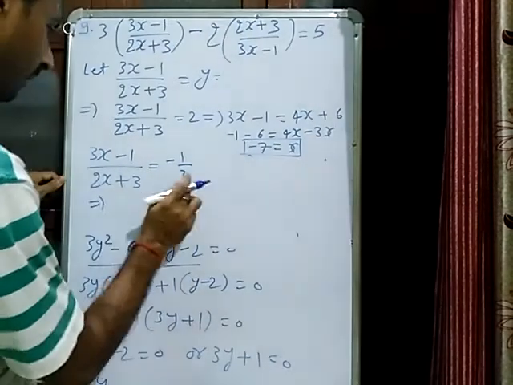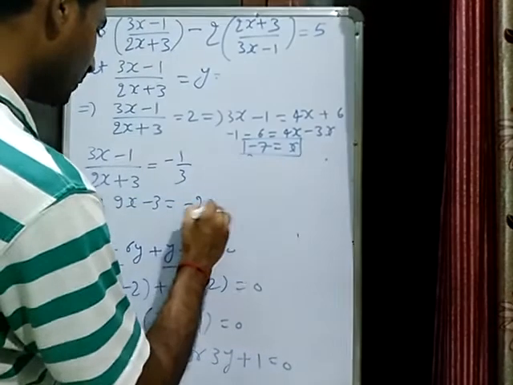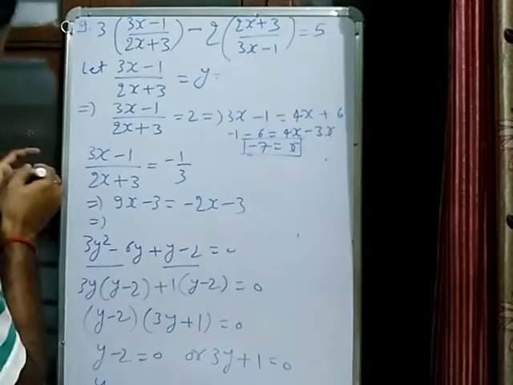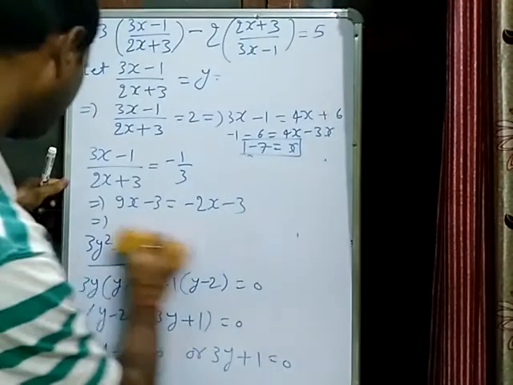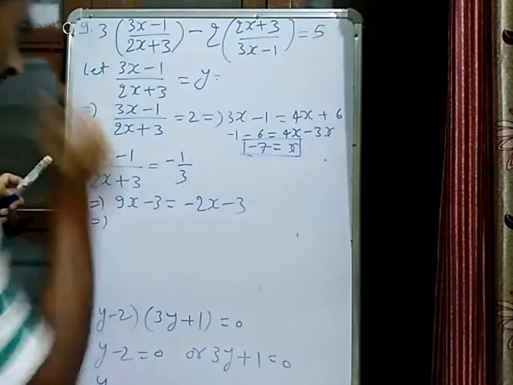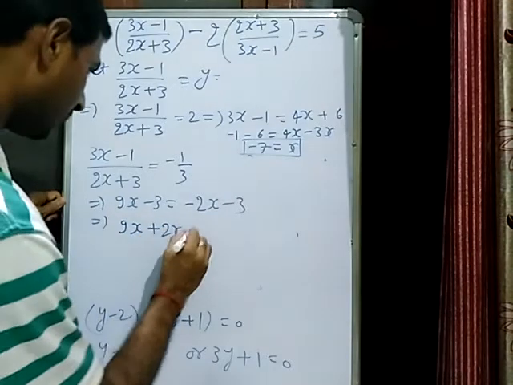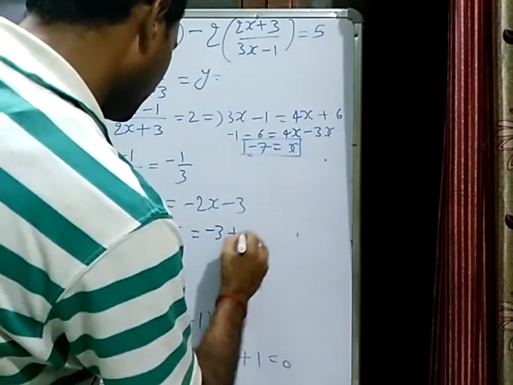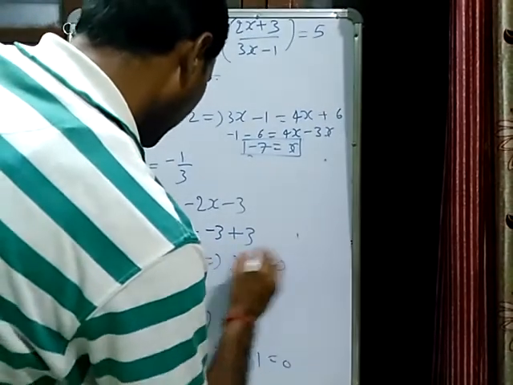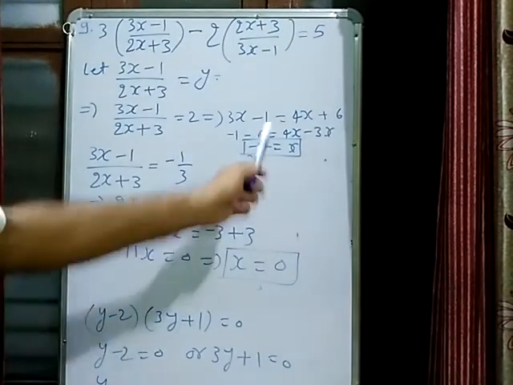Put it and do the cross multiplication again. 3 times 3 is 9x minus 3 is equal to, see, this will be minus, so -2x minus 3, correct? If we transpose 2x here and this will be transposed to the other side, so we'll get 9x plus 2x is equal to, see, -3 and plus 3, so that is 11x is equal to 0. Therefore x is equal to 0 upon 11, that is 0. So second root is 0. Correct? So the two roots are -7 and 0.